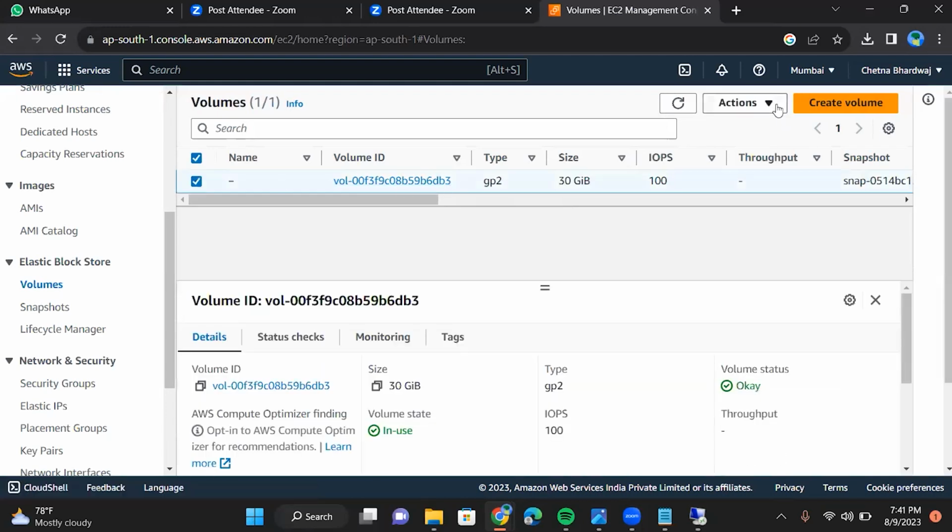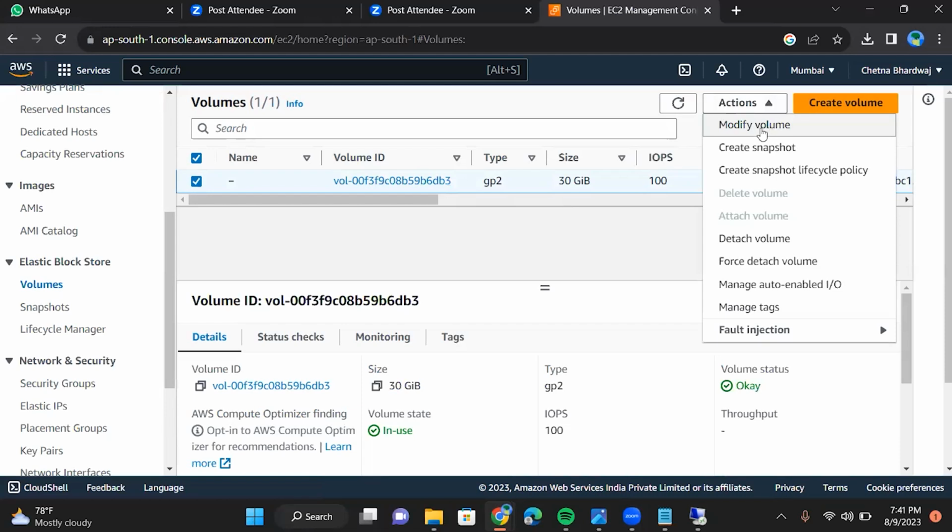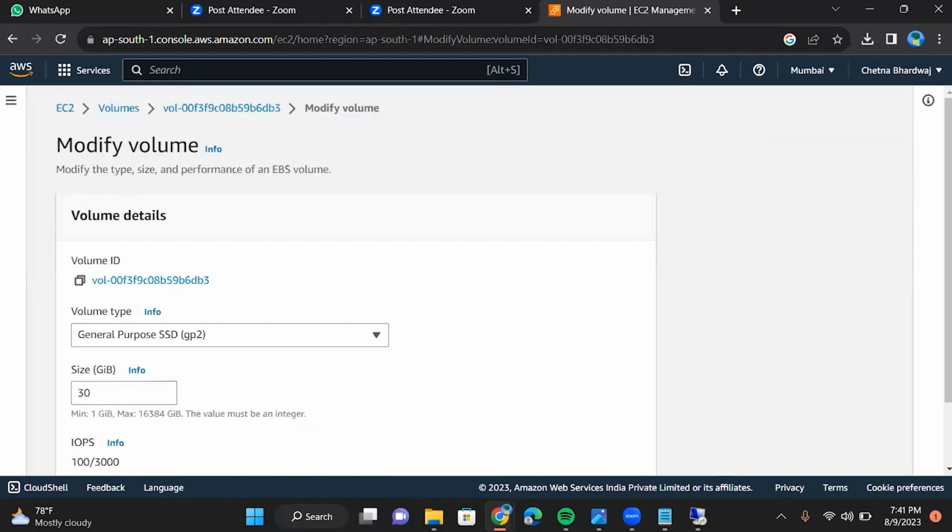I will select it, then perform an action. What actions can I perform in this elastic block volume section? I can modify the volume, I can create a snapshot. We will see these options. Let's select the modify option.